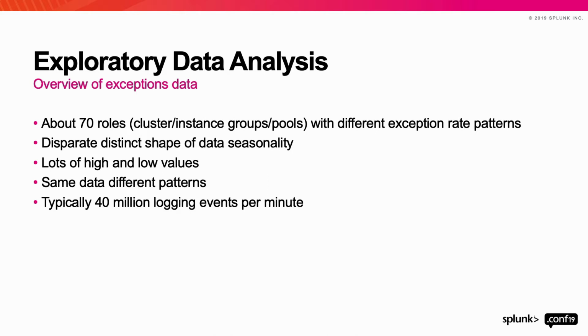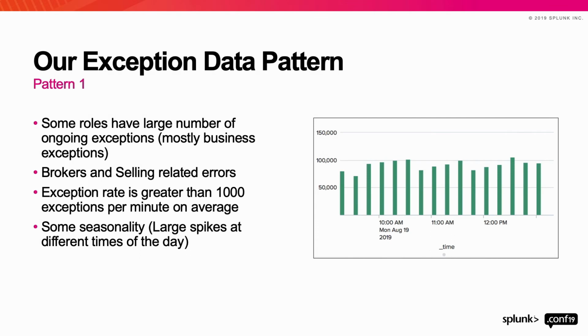That includes both the Java exceptions and also our custom exceptions. So there's quite a lot of data there. Once we did that, we played around with the MLTK toolkit and used k-means to do some clustering of our data to see how we can group these different server groups. And we came up with 3 different patterns or groups.